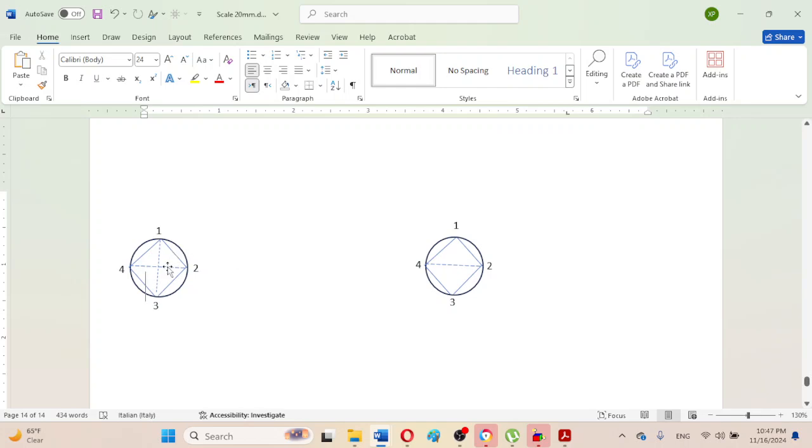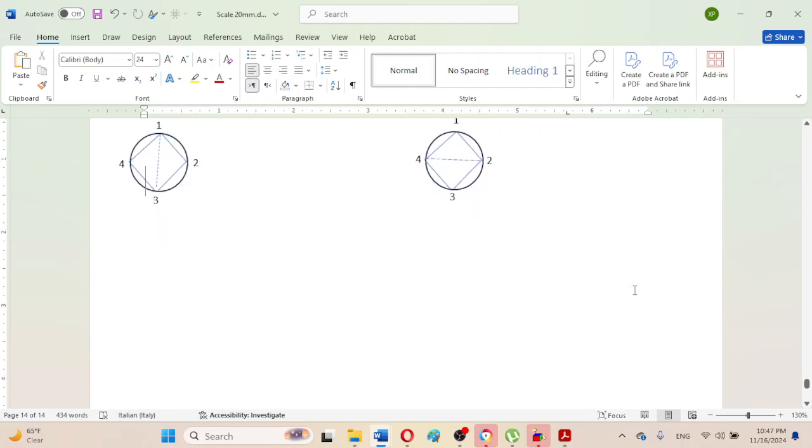I have created these two separate linear graphs. This linear graph is for the instant center for links 1 and 3, and this linear graph is for link number 2 and link number 4, and both of these linear graphs are for unknown instant centers.